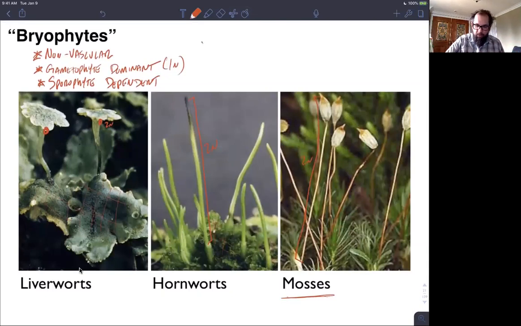When I sketched out our phylogeny of these before, we had our paraphyletic green algae that was sister to land plants. And in the land plants, we had our non-vascular bryophytes, and we had our vascular plants. And it turns out that this part of it specifically is actually not correct. What's not correct about this is that bryophytes are paraphyletic.